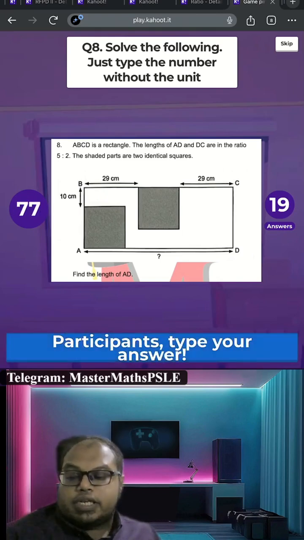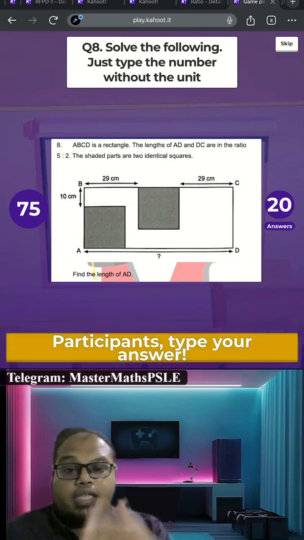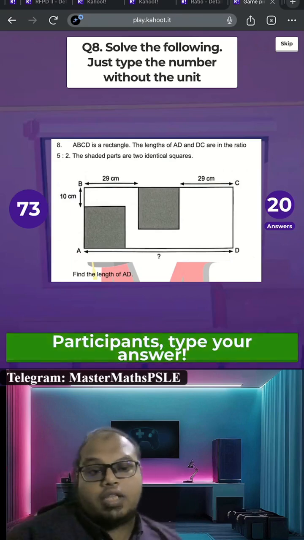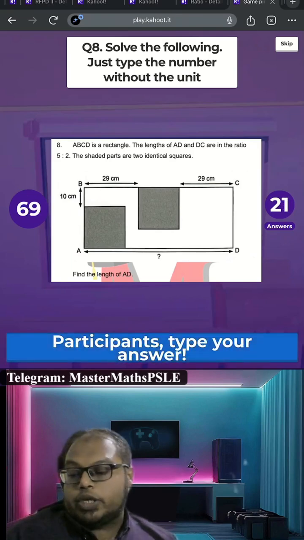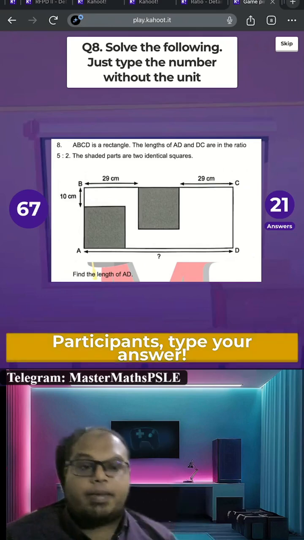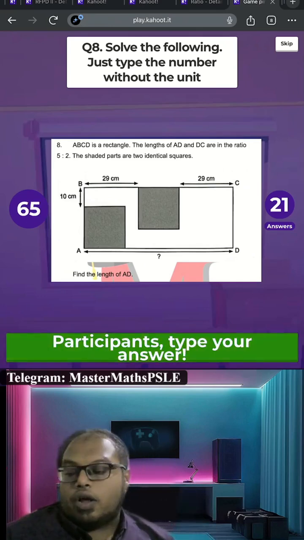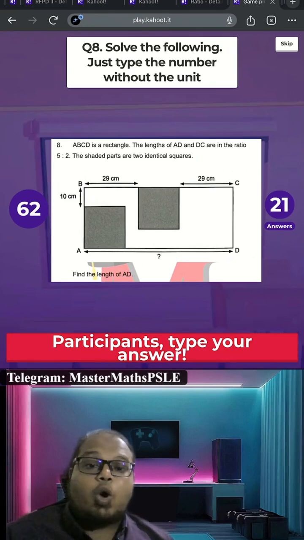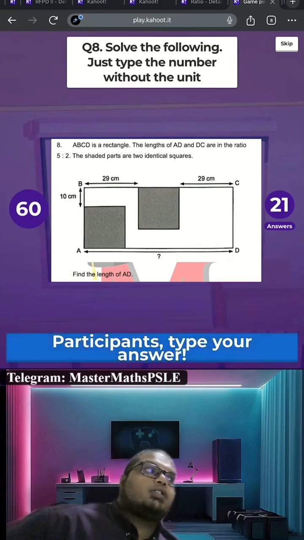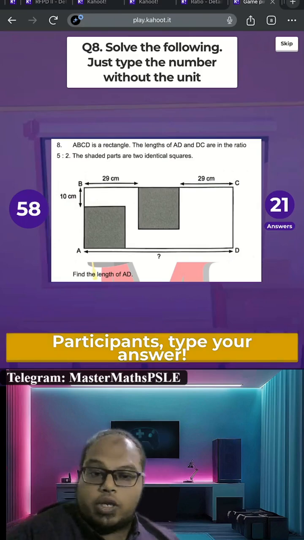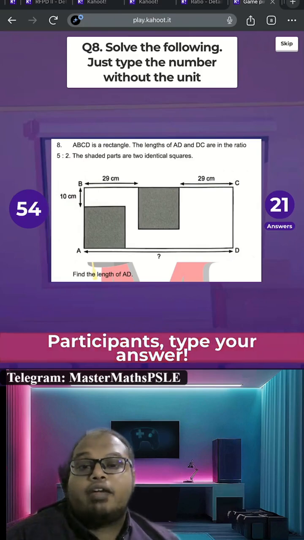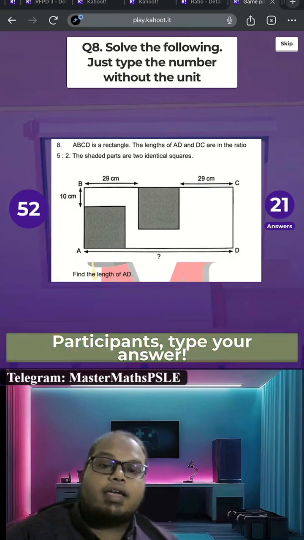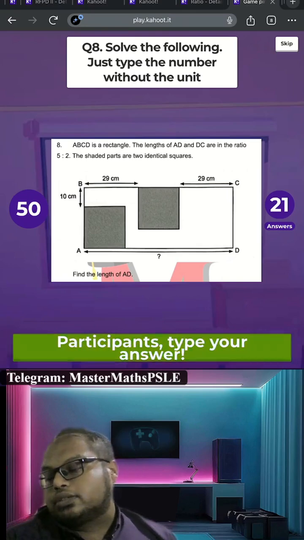Then this 5 units is equal to 29 plus the side of a square plus another 29, and the breadth of 2 units is equal to the side of a square plus 10 cm. You can compare these and solve for 1 unit. With that 1 unit, you can find 5 units, and that is the length of the rectangle.